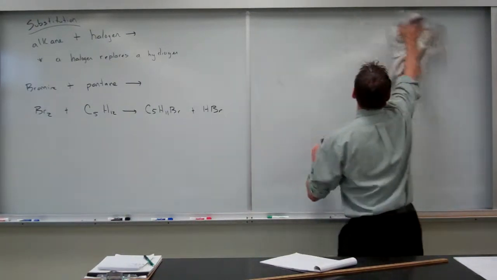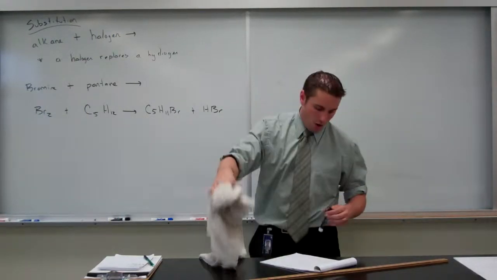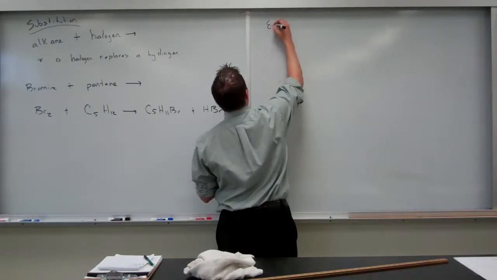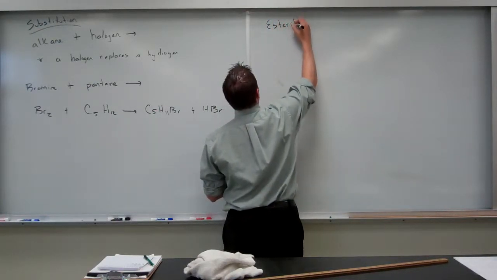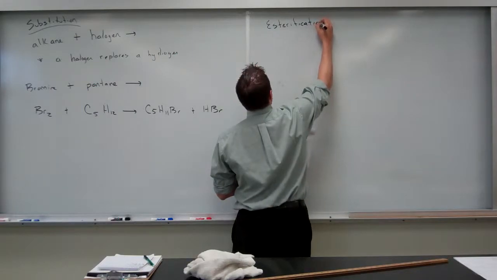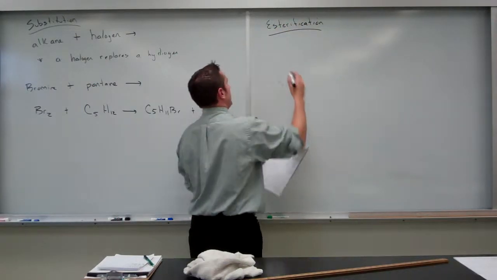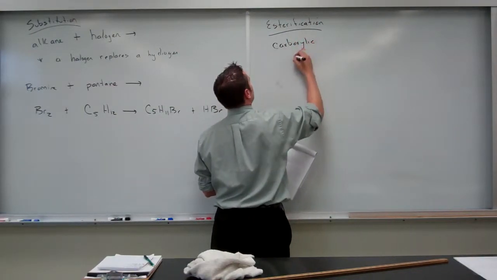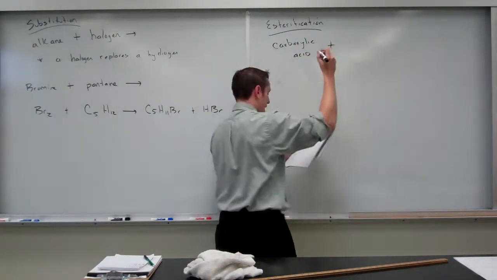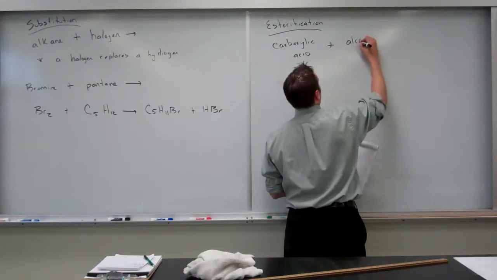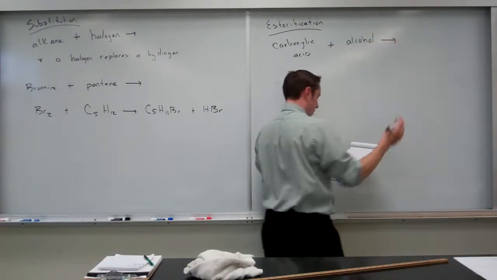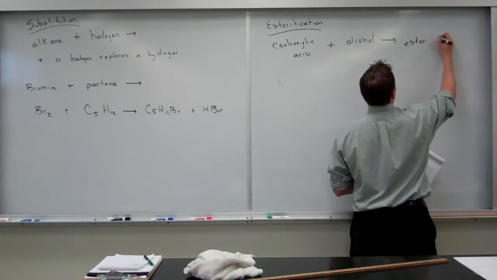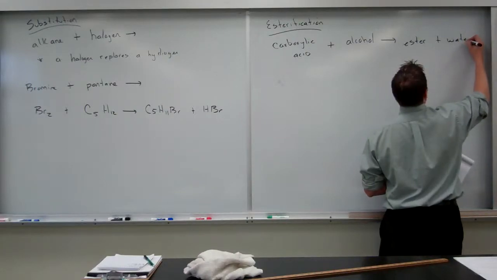But the last one is called an esterification. An esterification is a carboxylic acid plus an alcohol. And those always produce an ester plus a water.